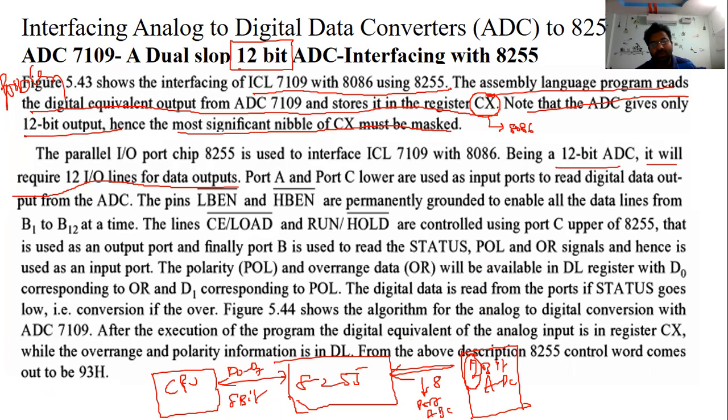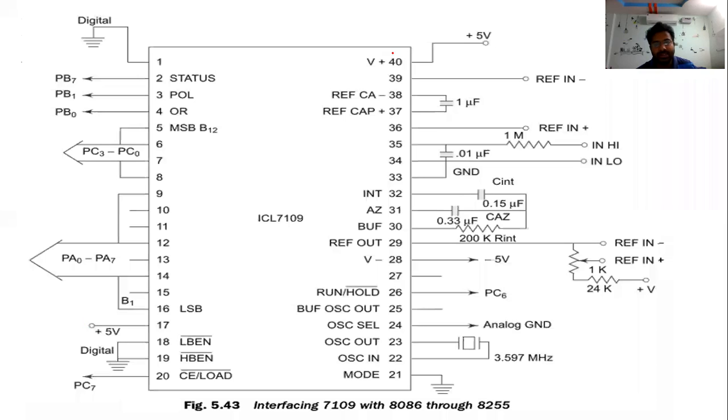In which mode are we going to connect this? The CWR for this is 93H. You know how to write that CWR; we already saw it in the last class.